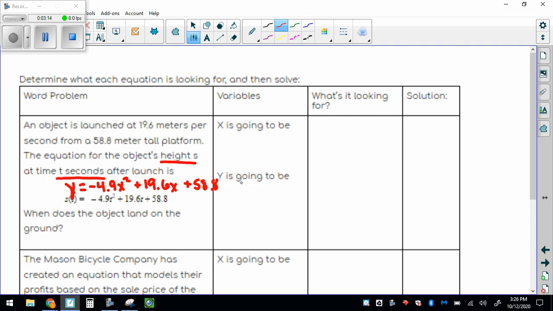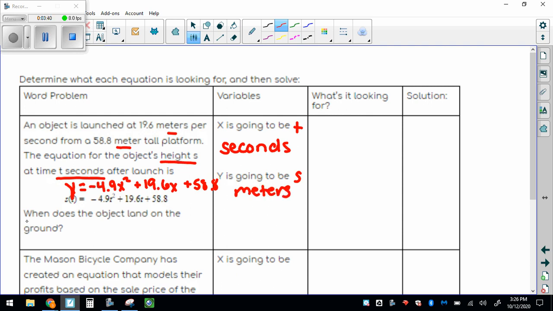So first off, let's look at the variables. X took the place of t, and up here in the problem, it says t is being measured in seconds. So it's my time. Y is going to be s, right? It replaced the s over here. And it's measuring height. And I see a lot of things measuring in meters.